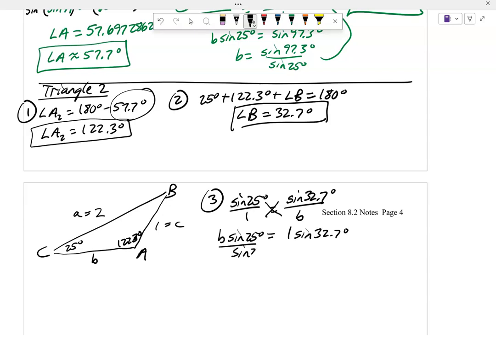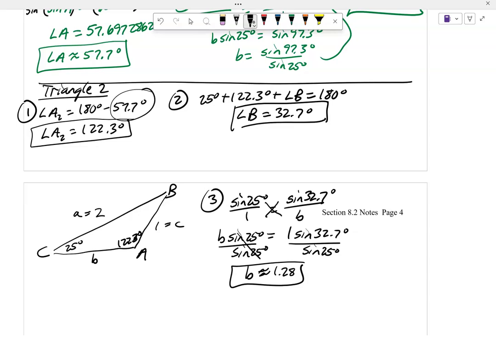Divide by sine 25. So we get sine of 32.7 divided by sine 25 degrees, and get 1.28. And there's my triangle 2. So 2 solutions again on this one, right?